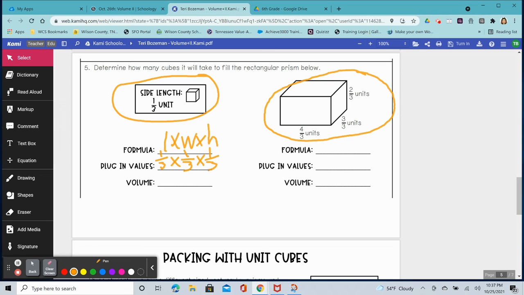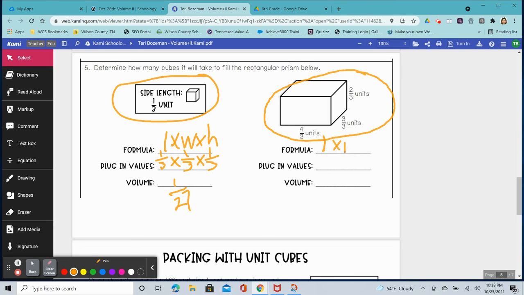All right, so 1 times 1 times 1, that's going to be 1. 3 times 3 is 9, times 3 more is going to be 27. So we have 1/27. Then we have our second rectangular prism.